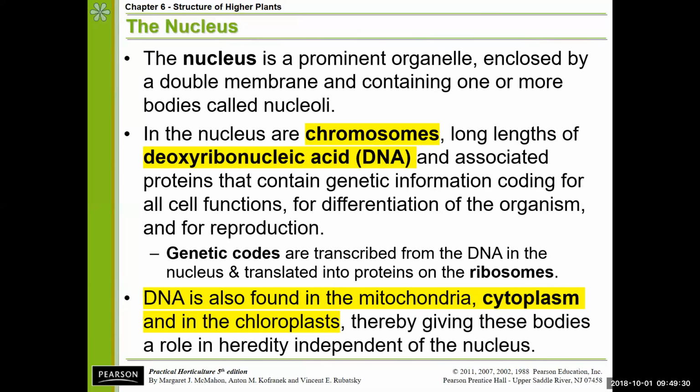However, DNA is not only found in chromosomes in the nucleus, it's also found to a certain point in mitochondria, in the cytoplasm, and in the chloroplasts. And earlier I was saying that they're finding that cytoplasm is more important than they initially thought, and that's coming from this idea that we actually have DNA in cytoplasm, and we actually get a little bit of genetic mixture just in cytoplasm exchange.